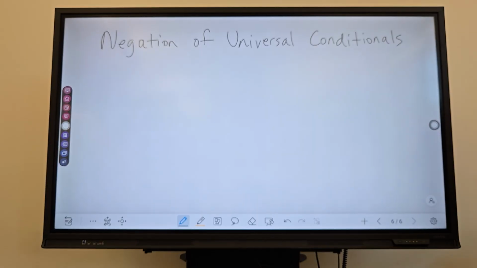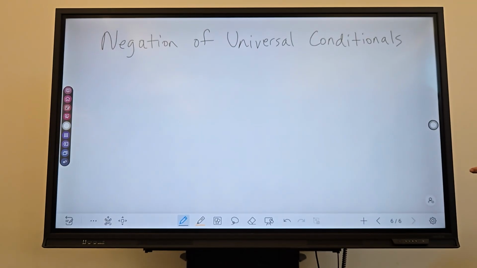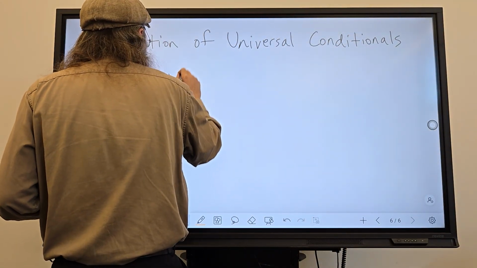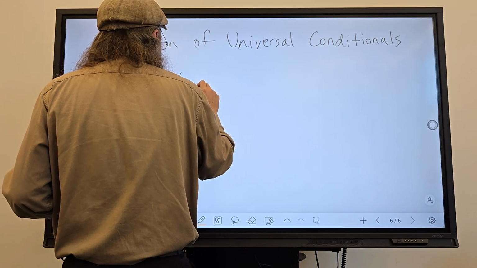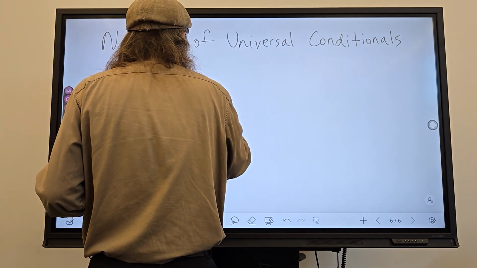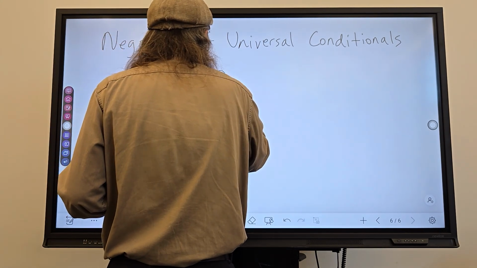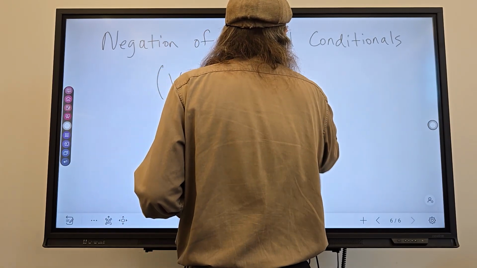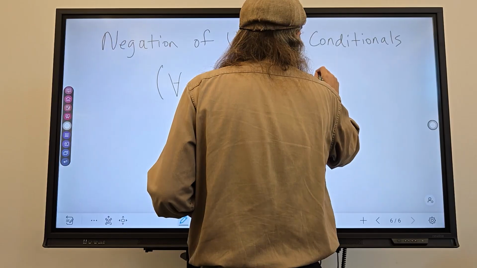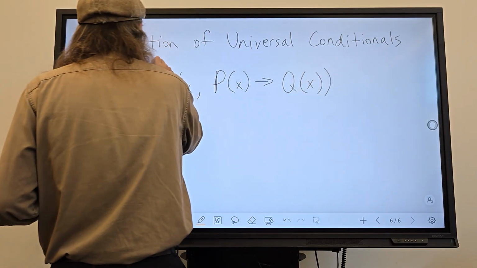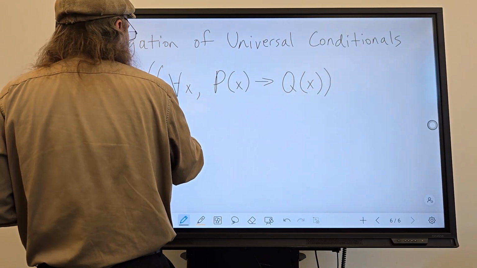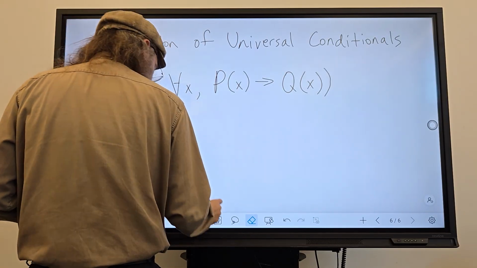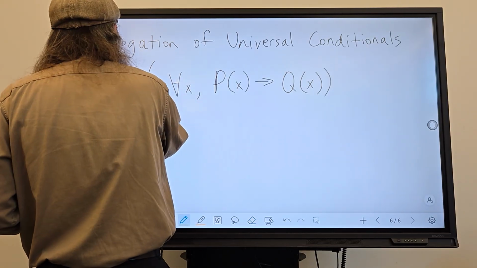So we have, for example, for all x, if P of x, then Q of x, and then negate that.